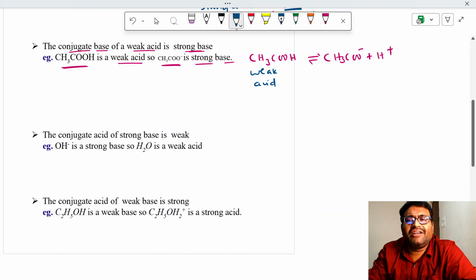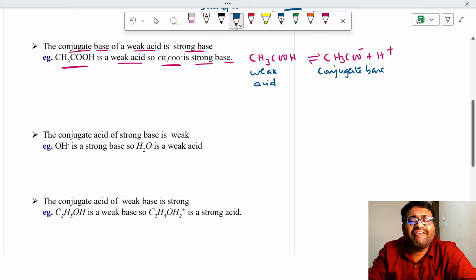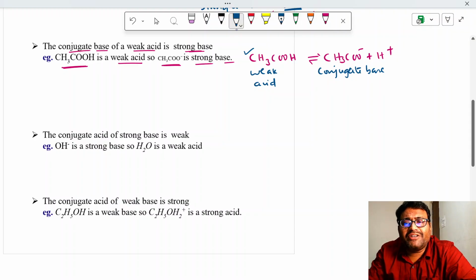To this acid, what is this? Conjugate base, right? These two are a conjugate acid base pair. Why? Because they are differing by a proton. Now you see, it has less tendency to release H plus. If it has less tendency, what happens to this conjugate base?